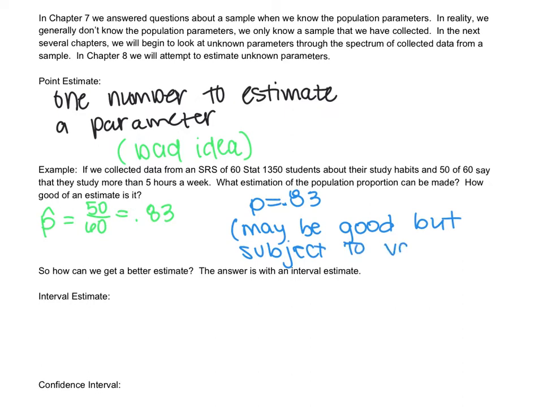subject to variability. So remember, we talked about how we reduced sample variability by having a large sample size. So only collecting one statistic, the 0.83 could be accurate, but it may not. So how we get a better estimate is with an interval.